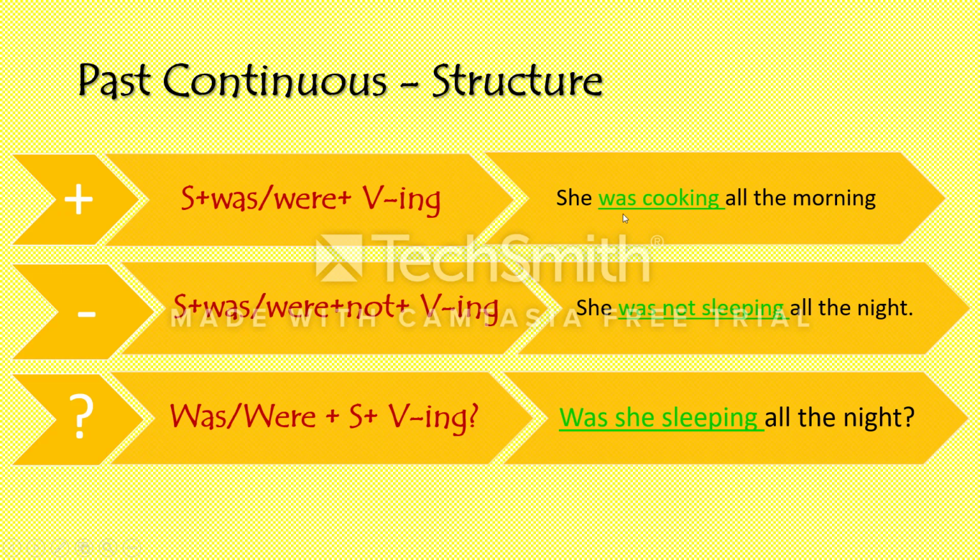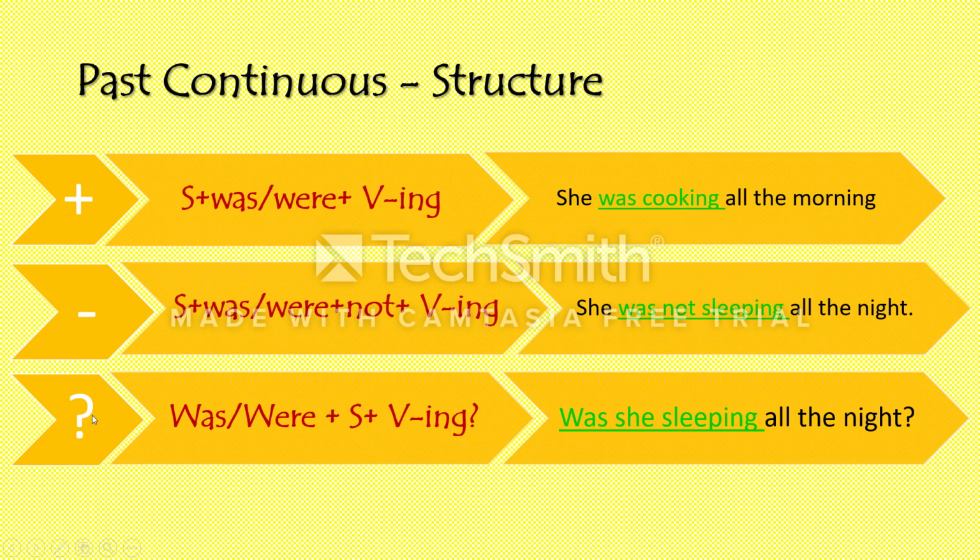For all other subjects, we use were. Negative sentences are formed when we add was or were plus not, or wasn't or weren't plus the verb with ing ending. So you can say she was not sleeping all the night or she wasn't sleeping all night.